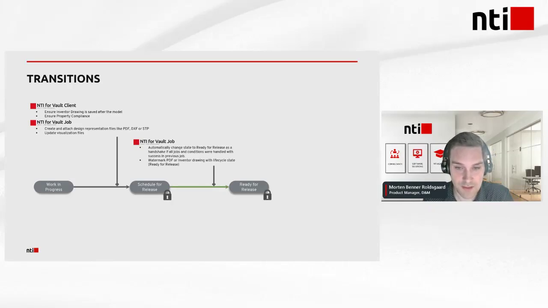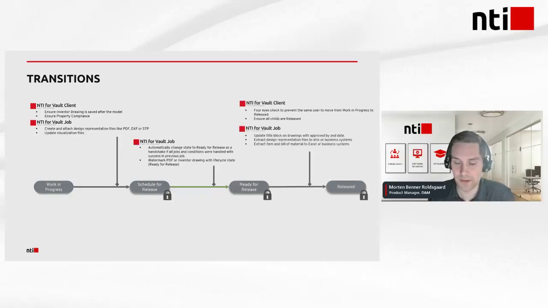And in this transition, we can also do different automated functions, which could be a watermark, for example, on the PDF or on the Inventor drawing. So it could be that for all the items or all the files that are in the ready for release state, we want to indicate on the drawing that this is not a released file. This is something that is still in a preliminary state.